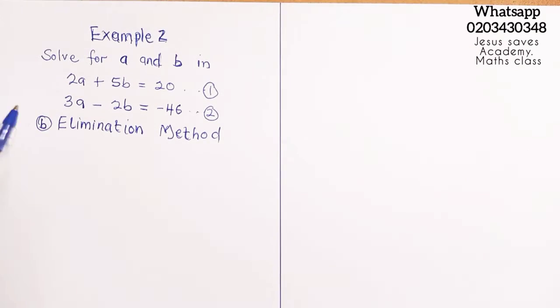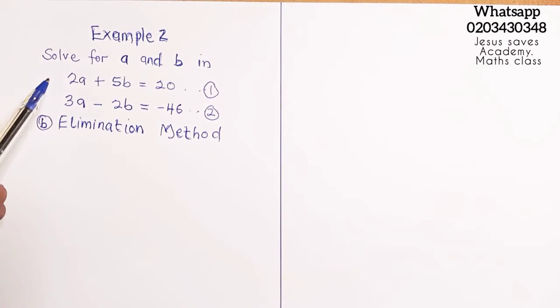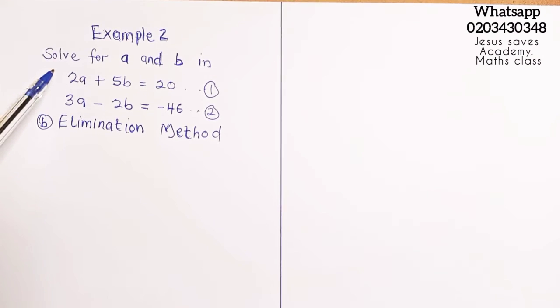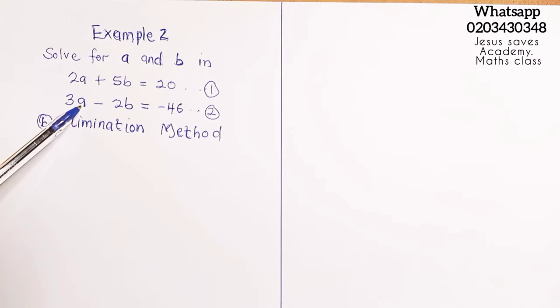Then you have to take into consideration the coefficient of the a in equation 1 and a in equation 2. The coefficients are not the same. So first you have to make the coefficient of the a variable, or if it is x, the same in equation 1 and equation 2.